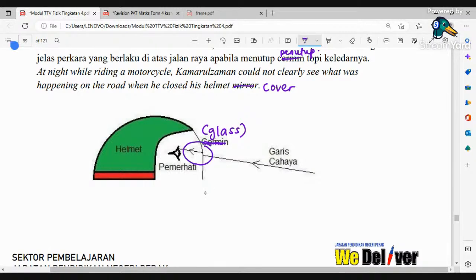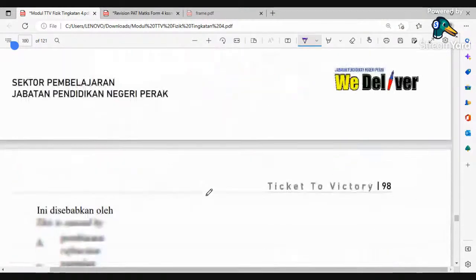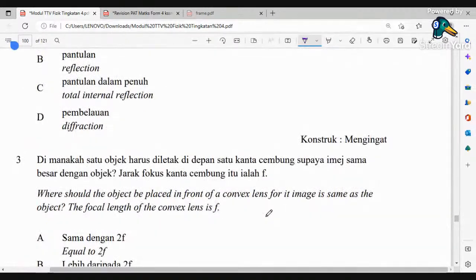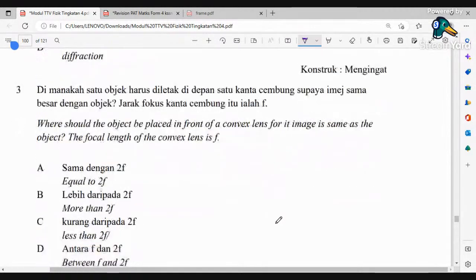So the bending of light, we call it refraction, change in the direction of light. So this is caused by refraction.